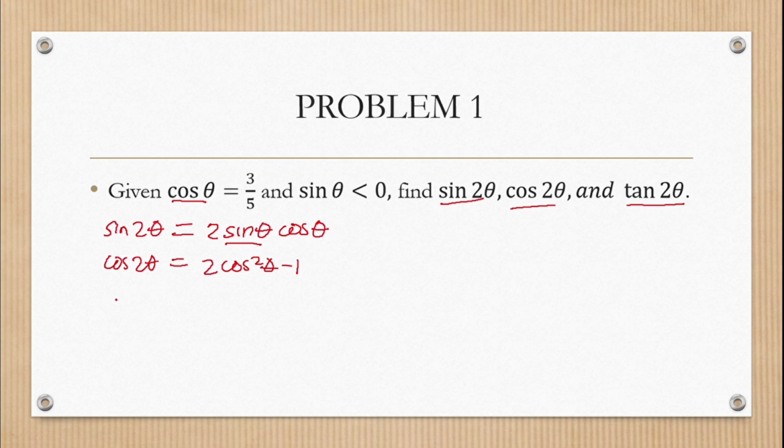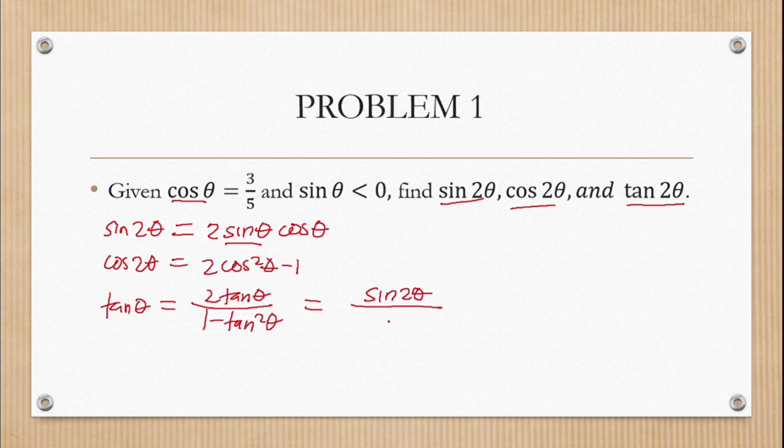For tangent 2 theta, it is equal to 2 tangent theta over 1 minus tangent squared theta. You can also have sine 2 theta over cos 2 theta, because tangent 2 theta is equal to sine 2 theta over cos 2 theta.